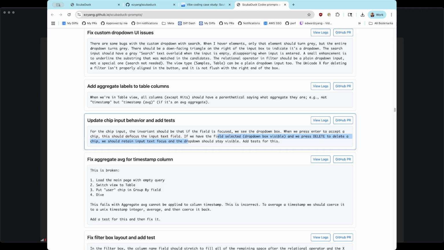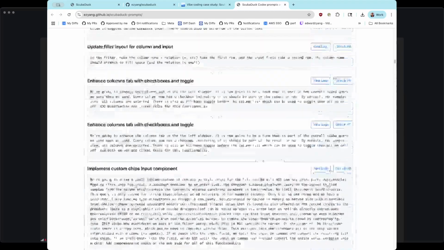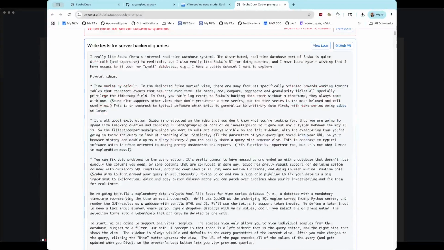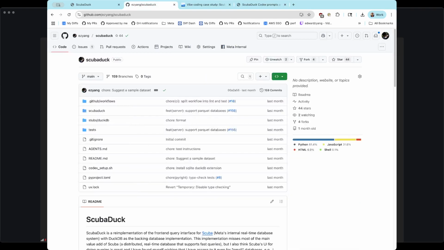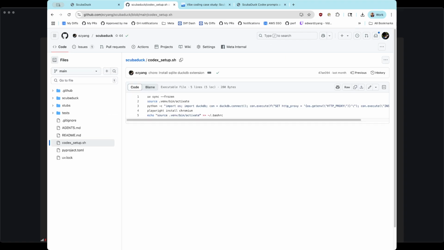Yes, Bob. Does Codex have memory? You were mentioning it discovered how to activate your virtual environment. Do you augment your prompt so that it knows? Yeah, great question. So for Codex, they have a remote agent setup, and the way it works is it runs some code. I just went ahead and checked in the code so they will always run this at the beginning.